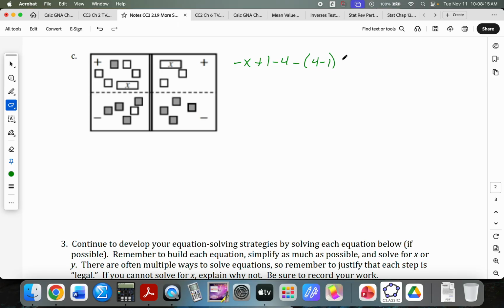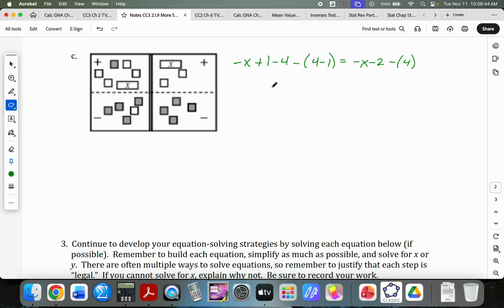Good. Exactly right. Warren, tell me how to do the right side, please. Negative x. Uh-huh. Minus 2. Good. Minus 4. Yeah, exactly right.